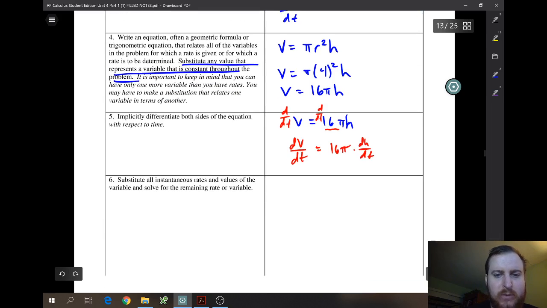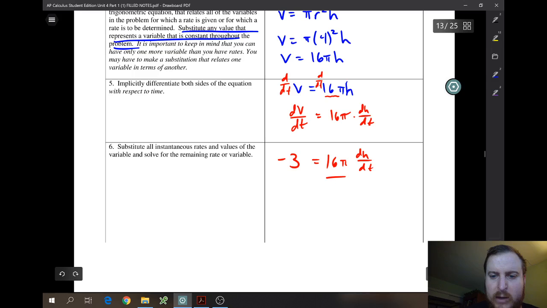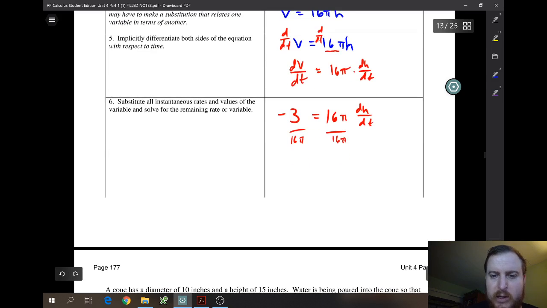So there's our equation, and now we're going to just go ahead and substitute in. We knew that dV/dt was negative 3 because it was leaking, so negative 3 equals 16 pi dh/dt. Then we can divide both sides by 16 pi, right, we're isolating for dh/dt. And we get negative 3 over 16 pi equals dh/dt.